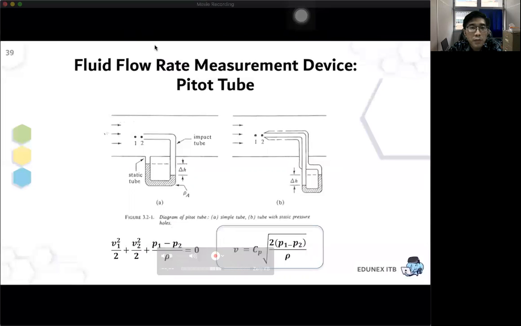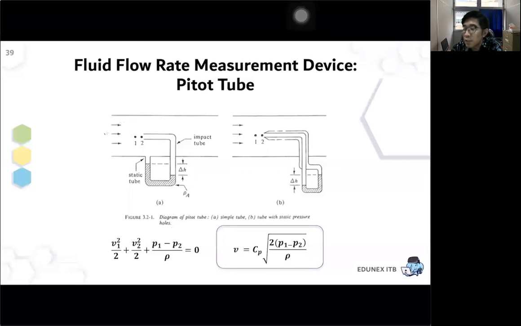You calculate the velocity by measuring the pressure difference shown by the manometers. So it's like converting the velocity into static pressure, and you calculate the height difference.